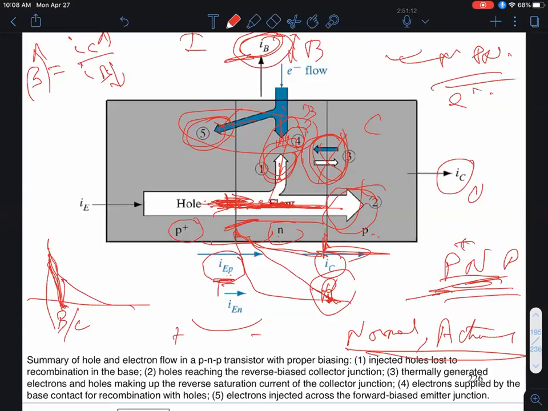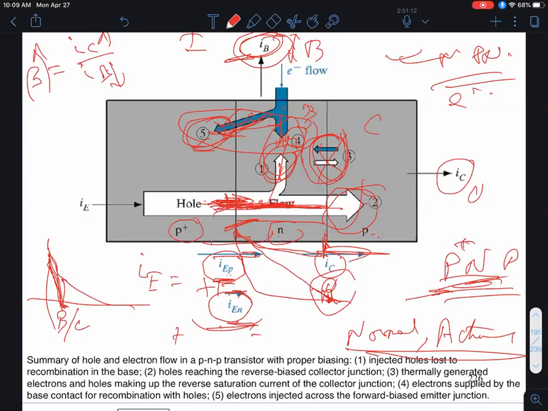But that's not the total component. You also have a back injection, which gives rise to IEN, okay? But notice, although the electrons are flowing backwards, because the electron current vector points opposite to that, this current adds to this current. So the total emitter current IE is a sum total of your IEP plus IEN, because although the electrons are flowing to the left, the current is pointing to the right, right?